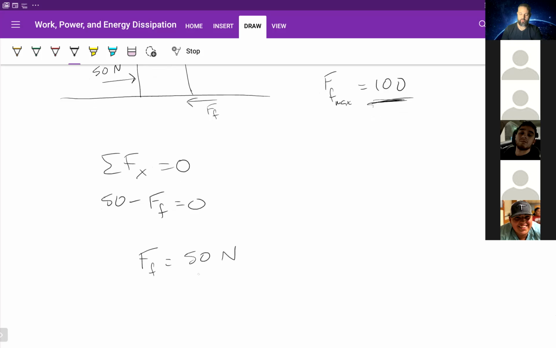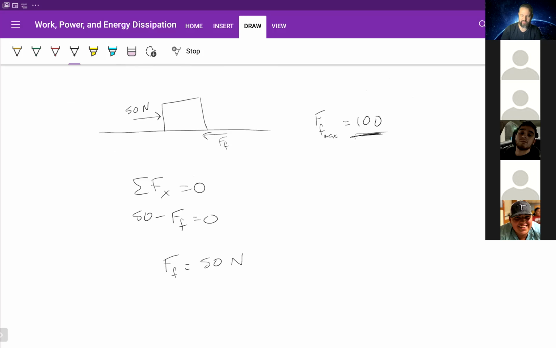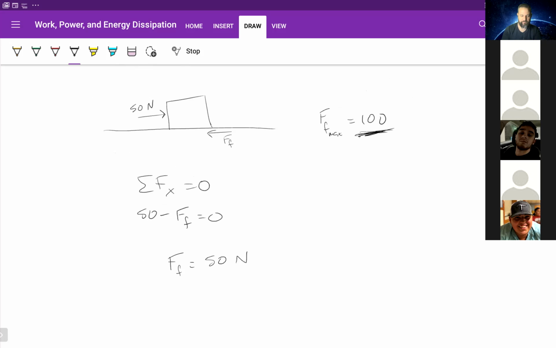It can be anywhere from 0 to 100. I hope that makes sense. This is the max it can be, and it can be anything less than that. If it goes over that, then it means the box is now moving. And hopefully you all saw that in the lab that you did for forces.